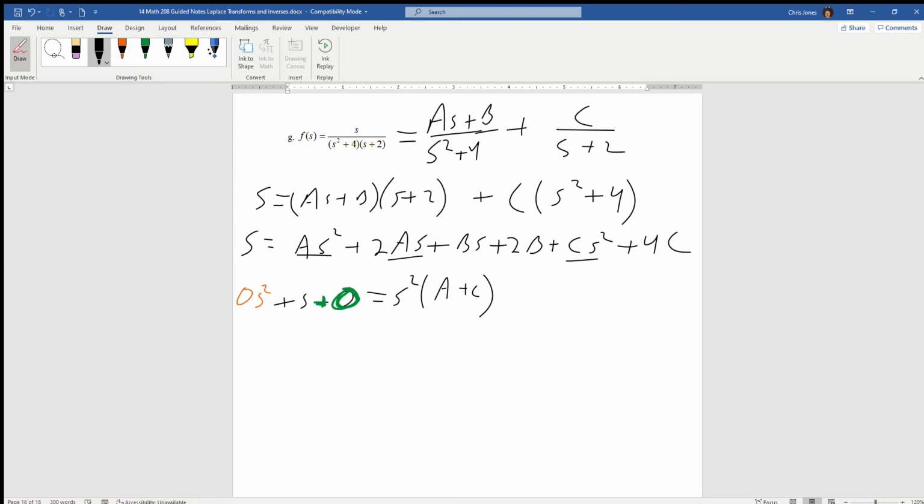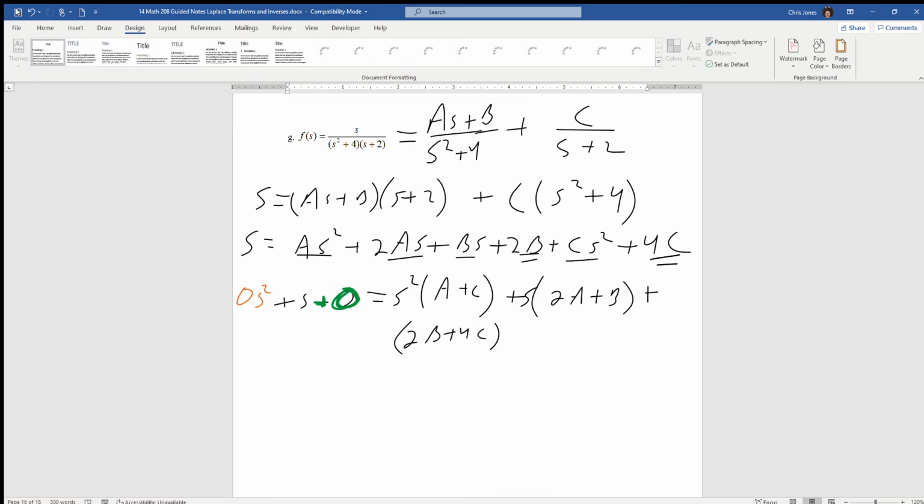We have a 2As and a Bs, so we can factor the s out and be left with (2A plus B). And then finally, we have 2B and 4C as our coefficient of s to the 0 power, or just non-s.